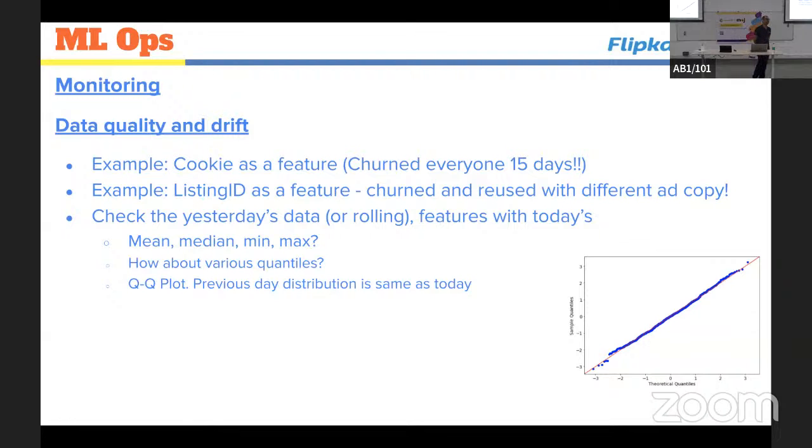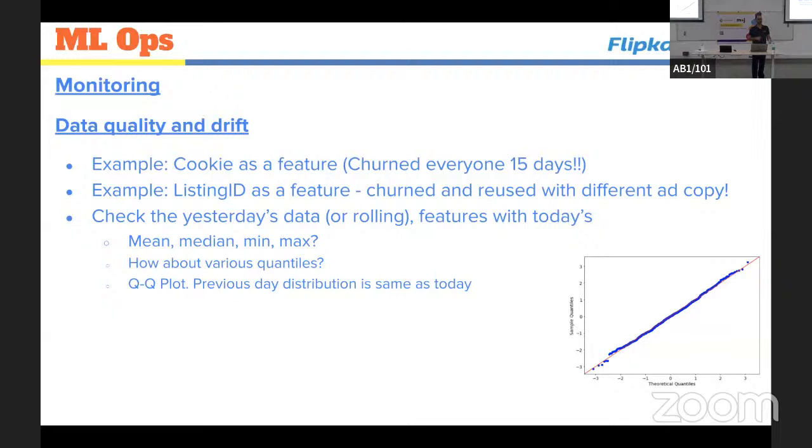So one of those things is basically features. Let's say I'm using one feature in my model. Remember, we are saying that we will use 10 days of training data and then a rolling period of 10 days. That's one modeling design. So yesterday, what was the distribution of, let's say, number of impressions of different records? It will follow a distribution, right?